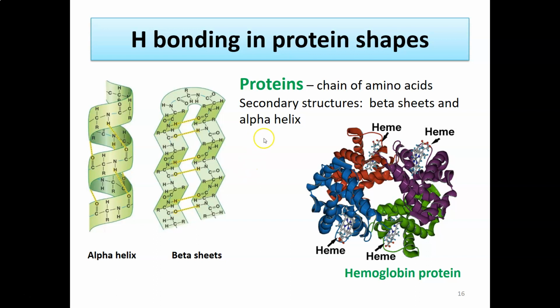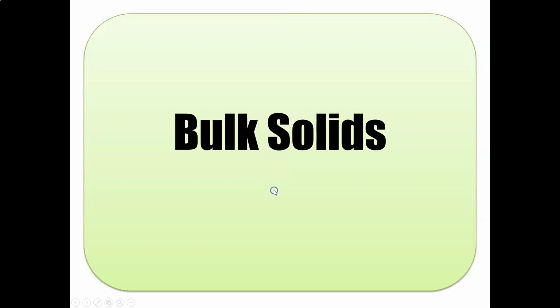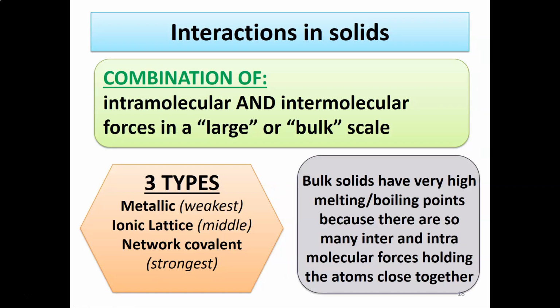All right, the last part of this is going to be bulk solids. Bulk solids is what we call things where we have a huge, overwhelming combination of intramolecular forces and intermolecular forces on a big bulk scale.